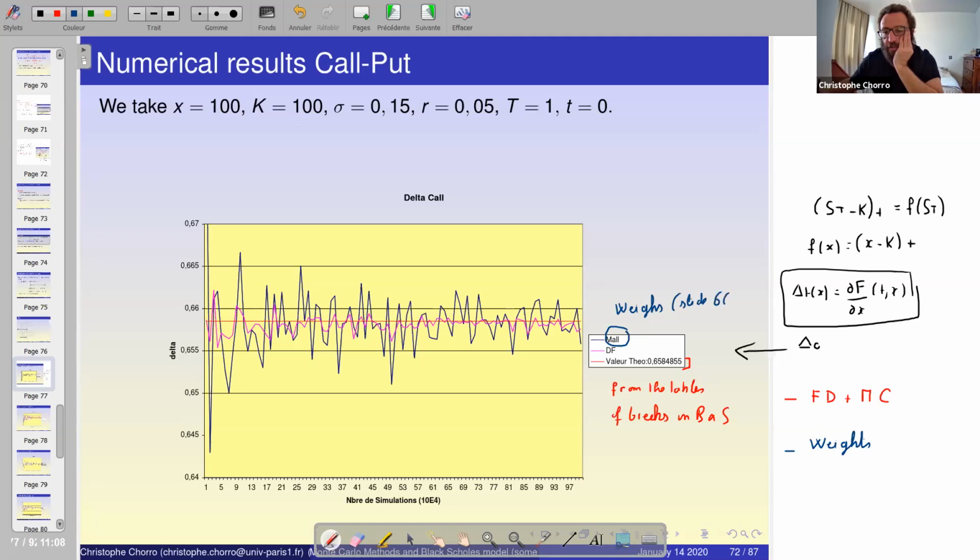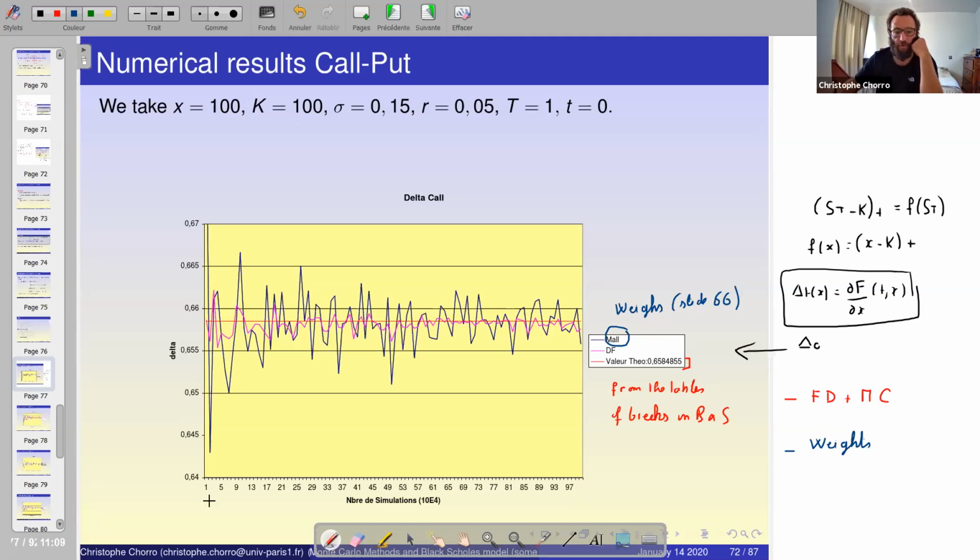It's what I obtained in slide 66. So if I do the job here, I obtain the approximation in blue, the approximation that I obtain using slide 66 in the case of the delta. So I have a single Monte Carlo approximation, and I represent the approximation I obtain, the blue line here, depending on the size of my sample.